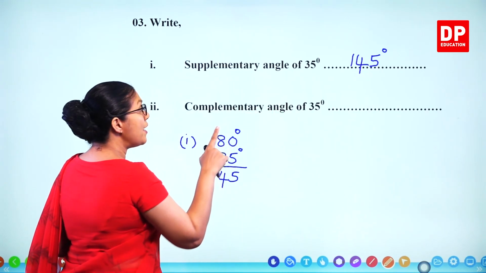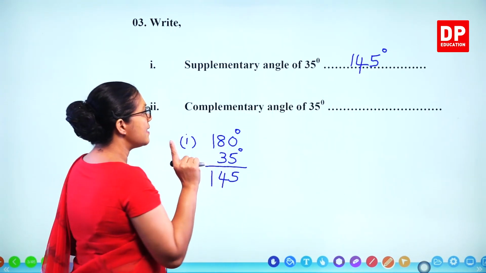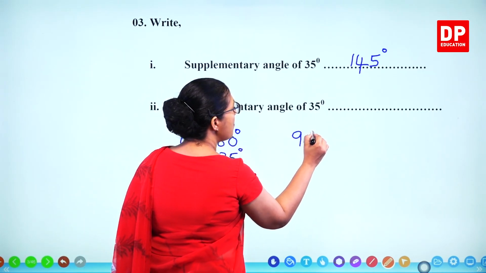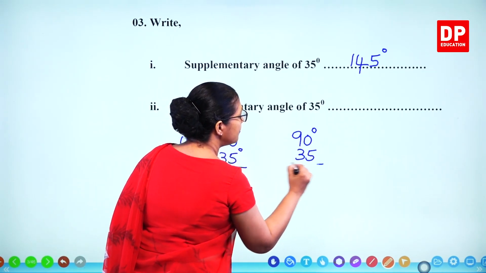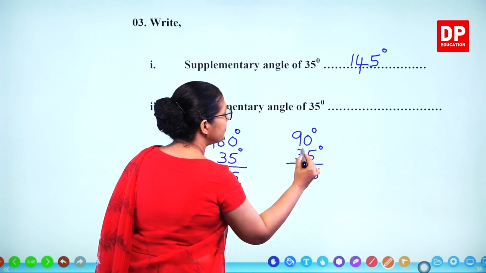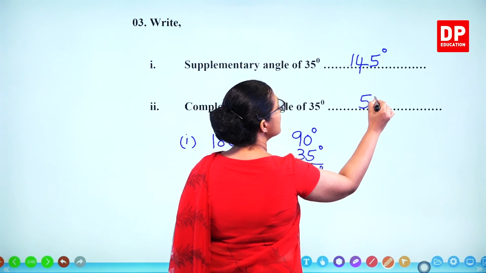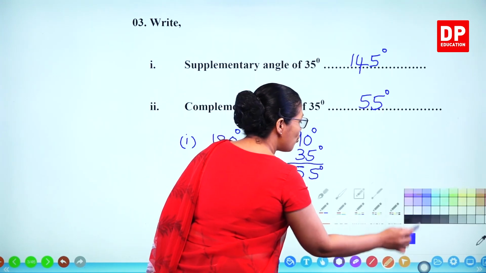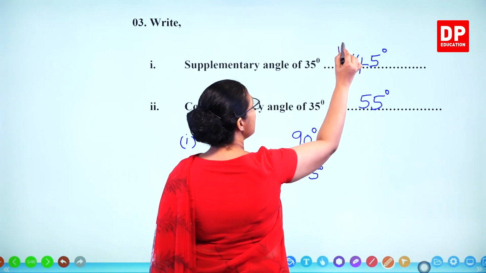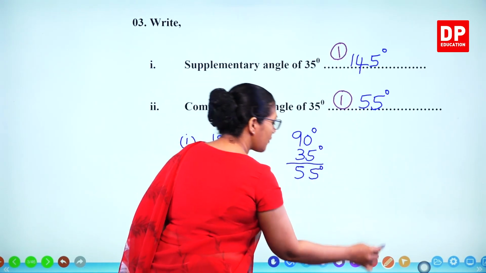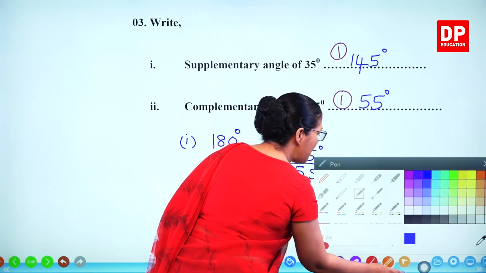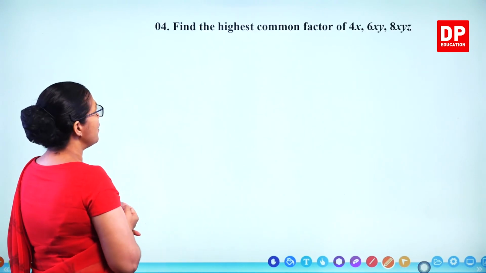What about complementary? The sum is 90. So 90 minus 35, 55 degrees. So you get 2 marks, 1 mark each. So remember the words supplementary and complementary.